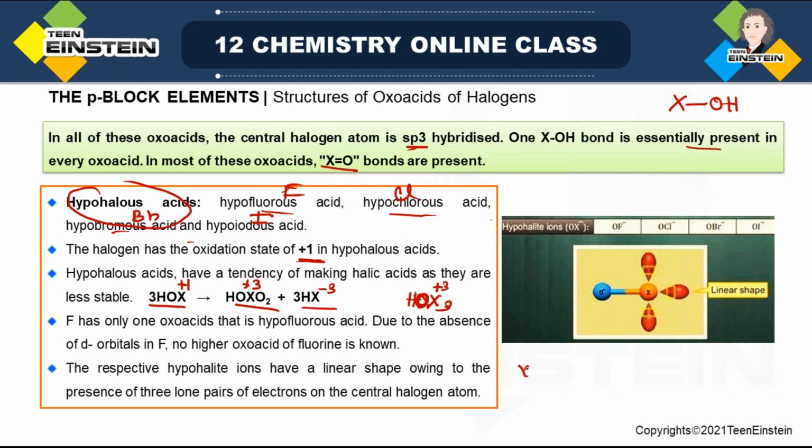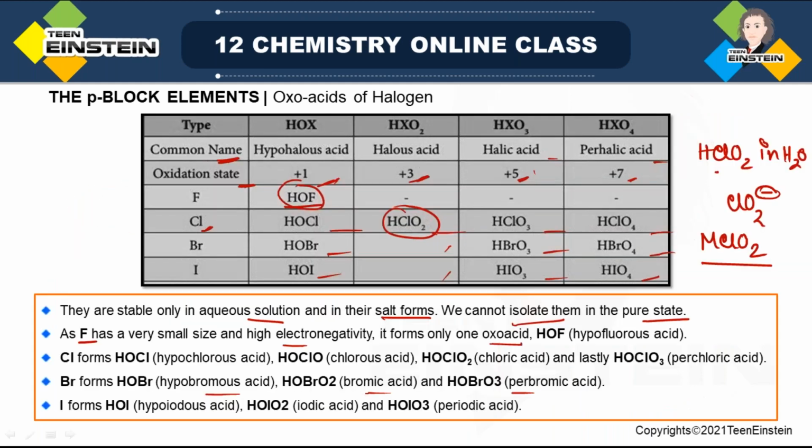And how to find this oxidation state? It is very easy. Take halic acid's corresponding ion, XO3 minus, where the overall charge is -1. Suppose the oxidation state of the halogen is A. For 3 oxygens it is 3 into -2, that is -6. So A minus 6 equals -1, that means A is +5. If you look at this table, for HXO2 it is +3, but for HXO3 it is +5.